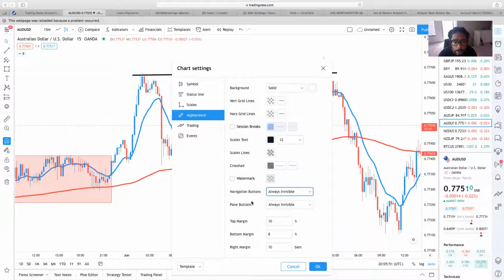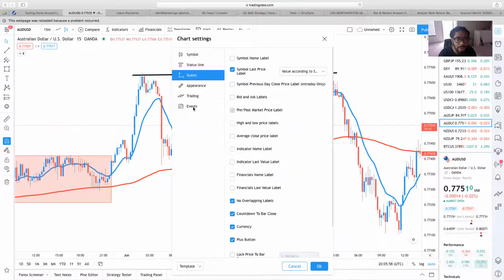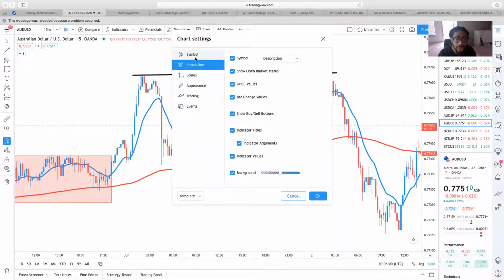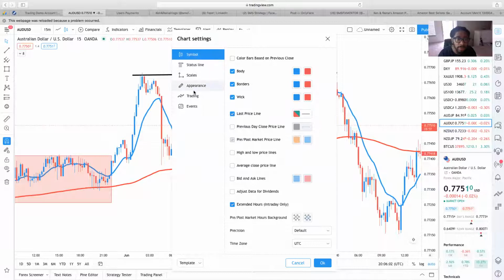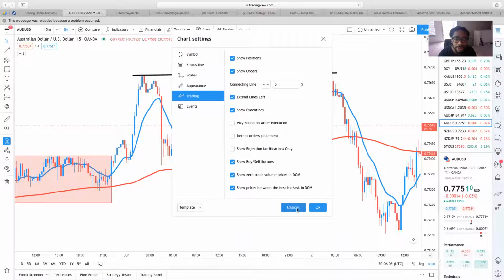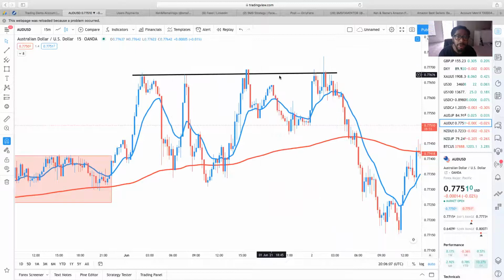All right, so now always invisible. Let me see if that does something. It probably don't though. Scale, bottom margin. Let me see, scale, status line, symbols. Yeah, it probably won't change nothing. But anyways, man.